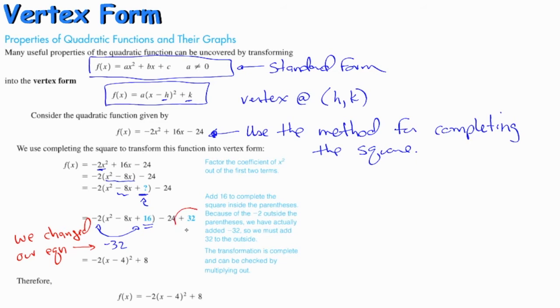And that's why there is a +32. This will balance it out. So you combine that 32 with the -24, and you're left with 8. And we see that our h value is 4, our k value is 8. So we know that the vertex of this parabola is at 4, 8.